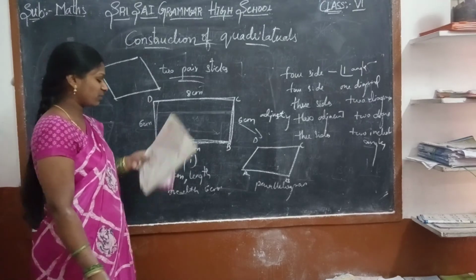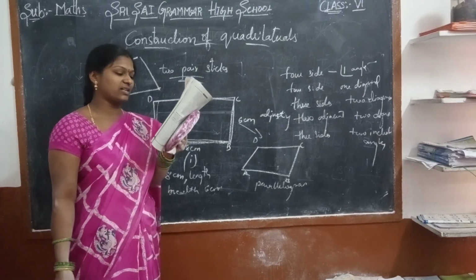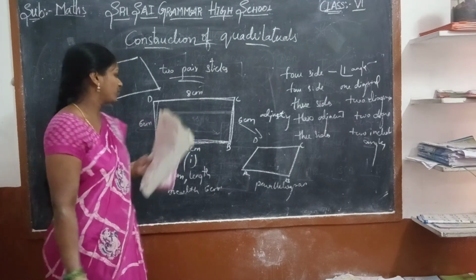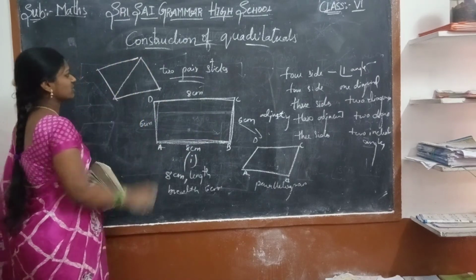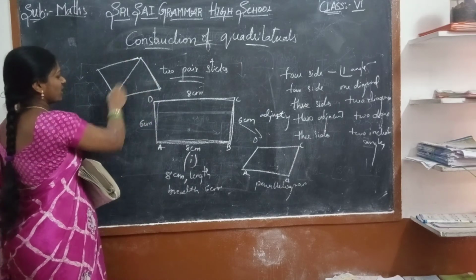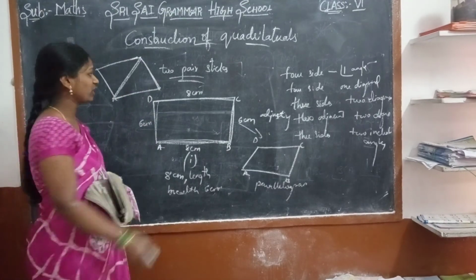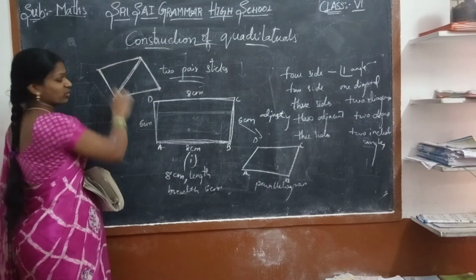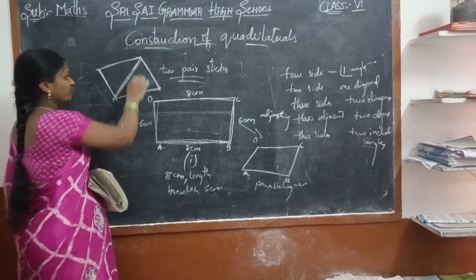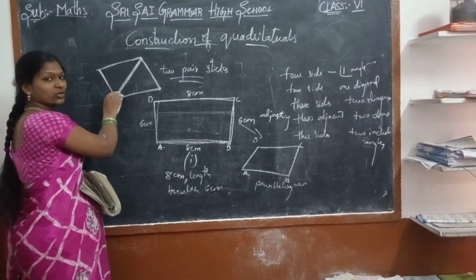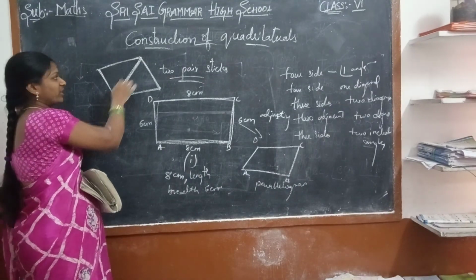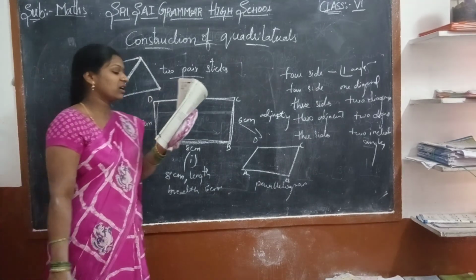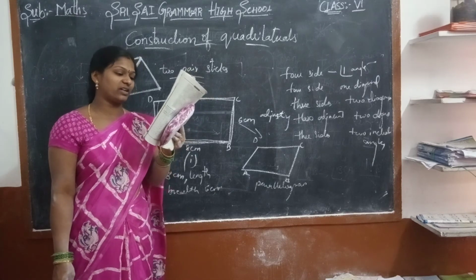But at last, when you add a fifth stick as a diagonal, and you adjust it, the shape is fixed. When you are adjusting with a fifth stick, no other quadrilateral is formed.